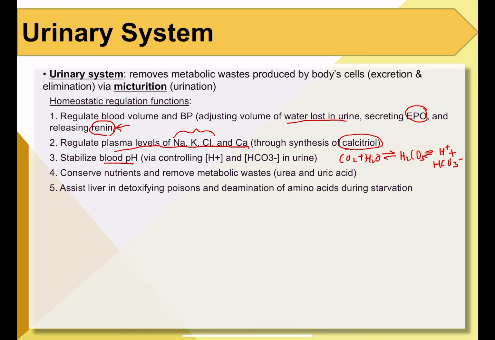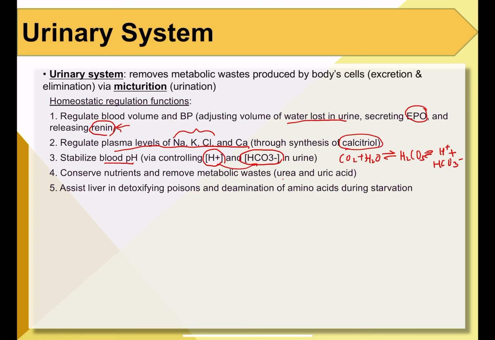So your kidney can play a role in regulating how much hydrogen ion it is reabsorbing or how much hydrogen ion it is secreting. Same thing with bicarbonate. And depending on whether your body has too much hydrogen ion, which means it's too acidic, then it will release hydrogen ions. If it's too basic, then it will release bicarbonate. So it depends what your body's pH is, whether it's too high or too low, it will secrete different versions of these two, okay?